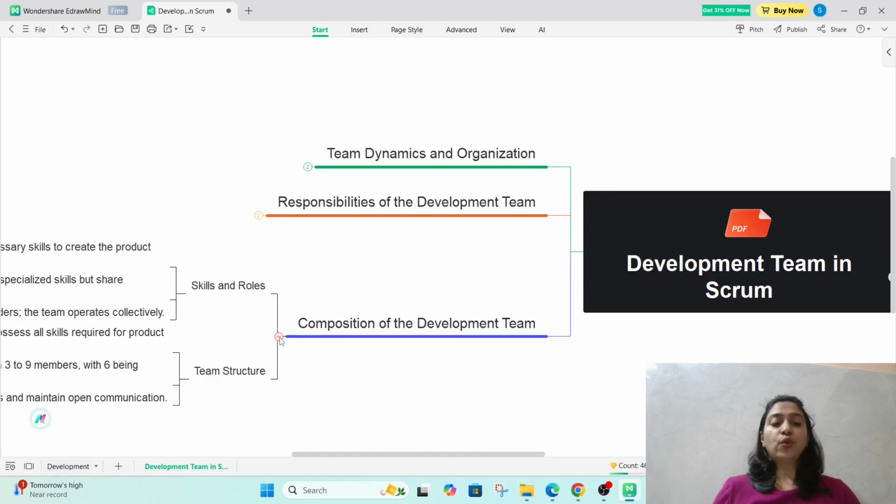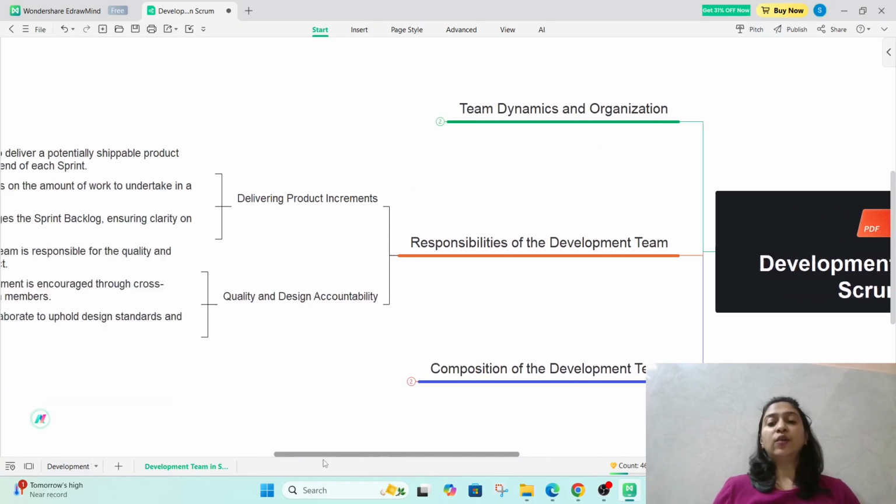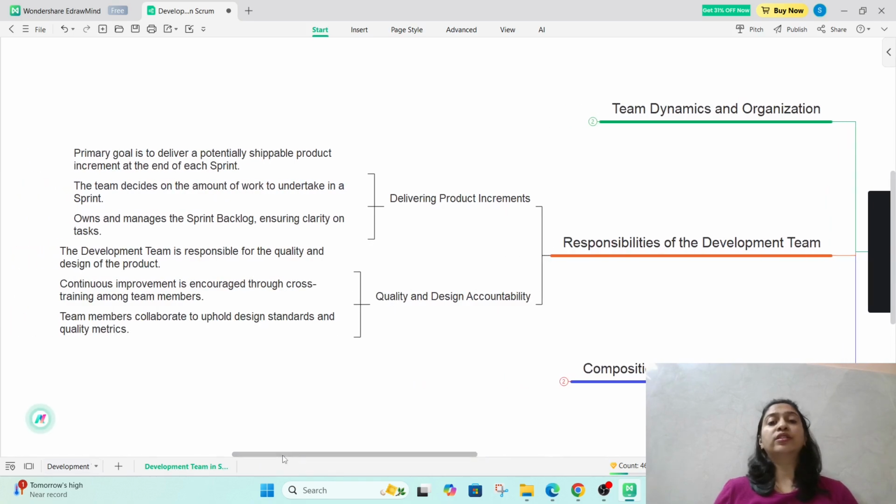Let's go ahead and see what responsibilities the development team has towards its Scrum team. They deliver the product increments, and they maintain quality and design accountability. The primary goal is to deliver a potentially shippable product increment at the end of each sprint.